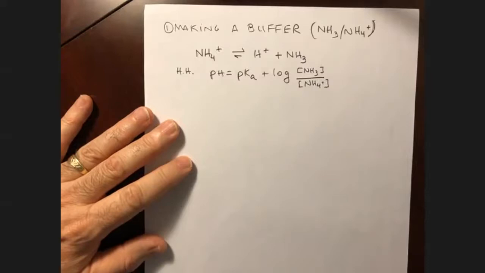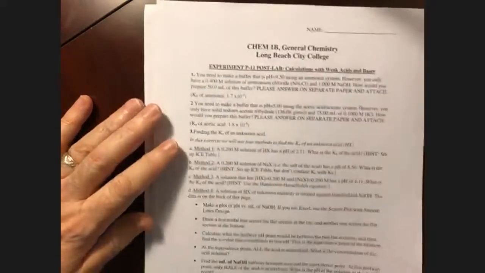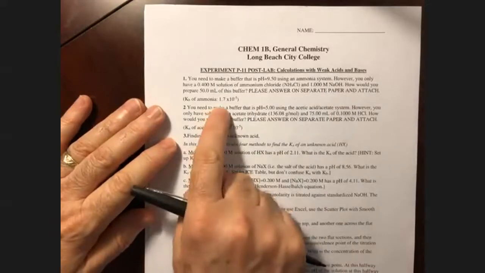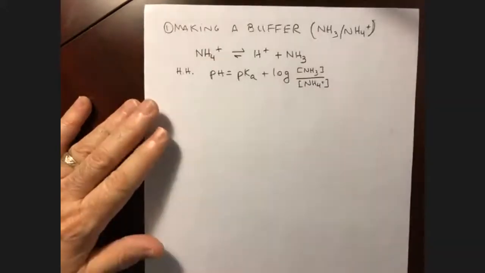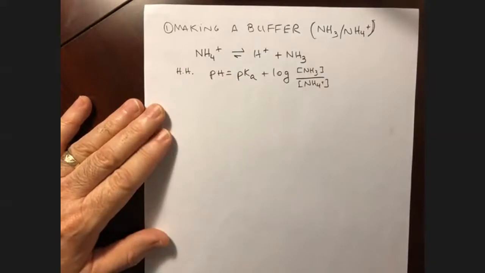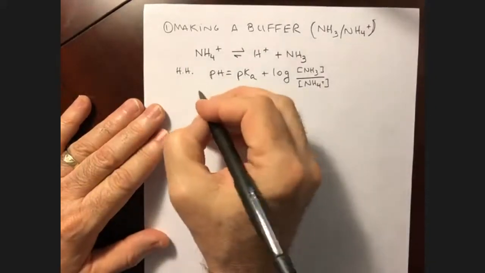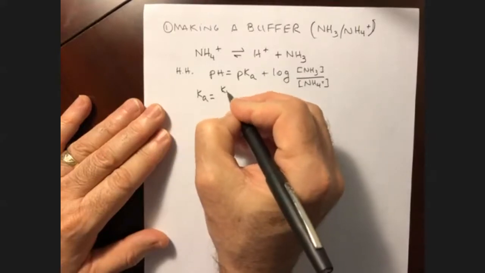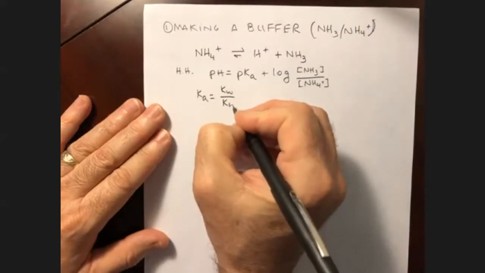Well, we have a problem here. What we have as far as information is concerned is the Kb of ammonia, not the Ka of the ammonium ion. So let's go ahead and calculate what that is. So Ka would be Kw over the Kb.